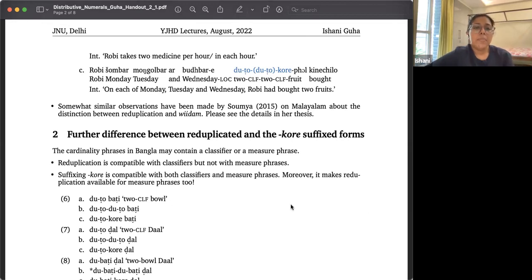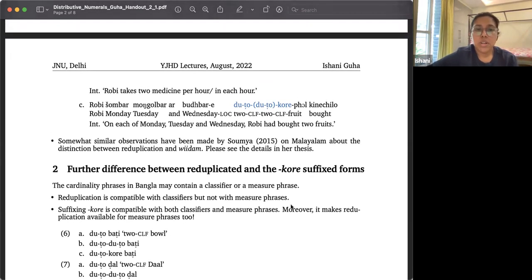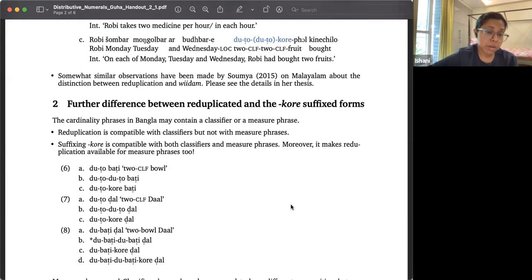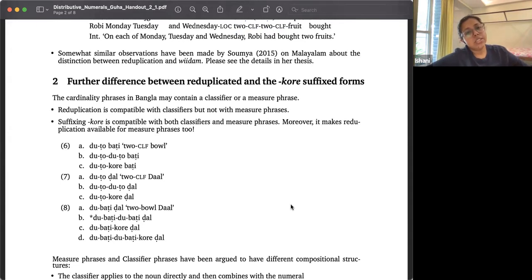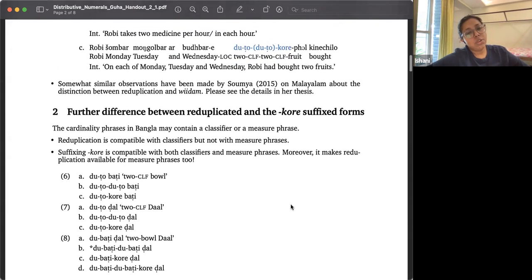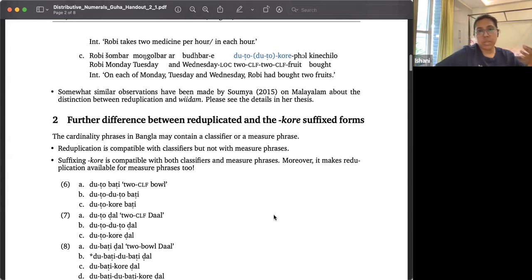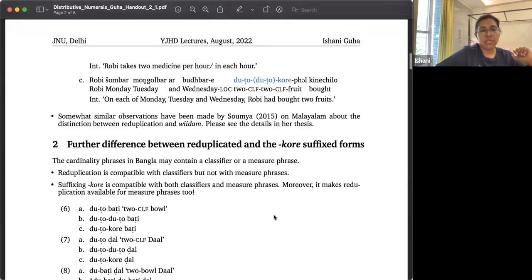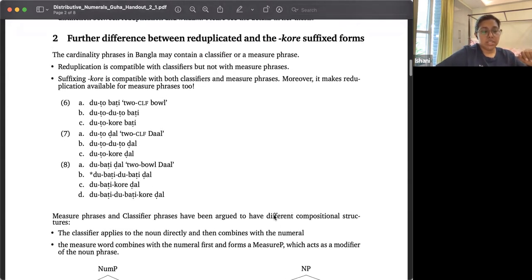Yeah. So let me go into a little bit of further difference that came up in my investigation. First of all, let's concentrate on the cardinality phrases. Remember, from the first day on, we were discussing that whatever morphology we are seeing applies to the cardinality phrases in Bangla.